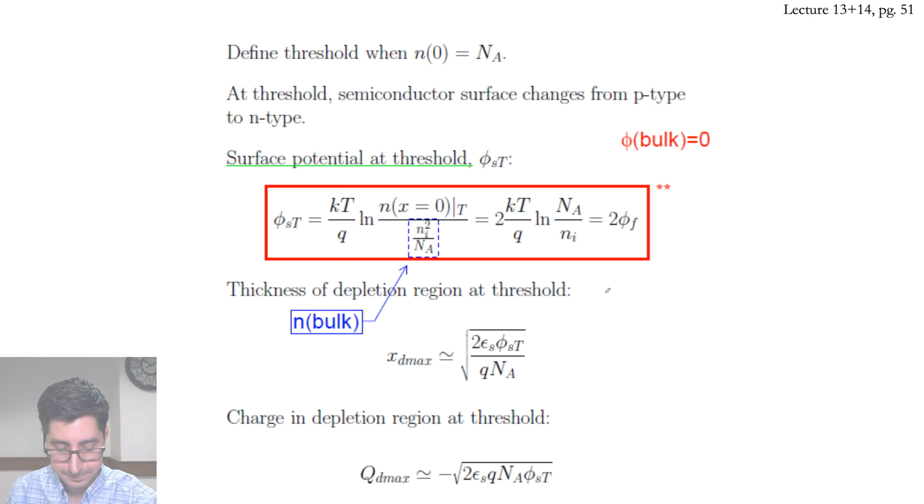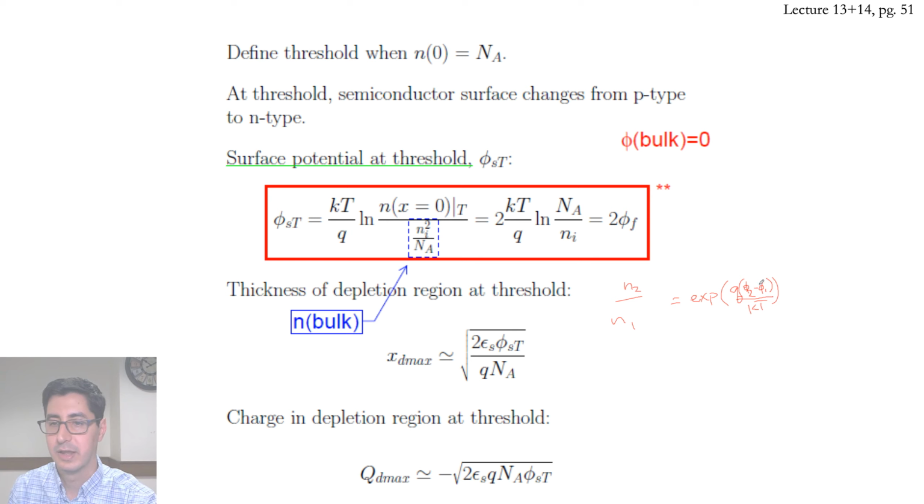We know that the change in carrier concentration, n2 over n1, is equal to the exponential of q times (phi 2 minus phi 1) over kT.